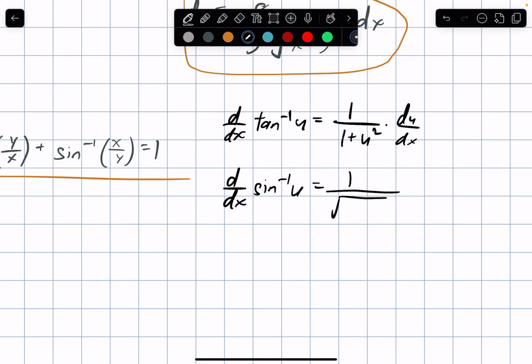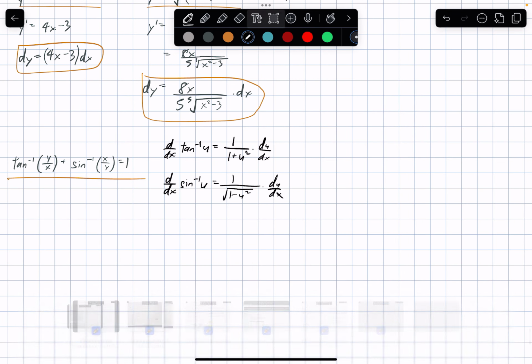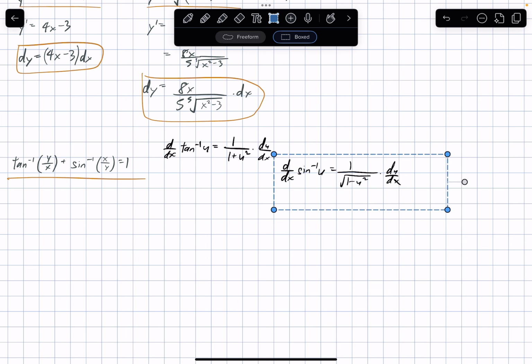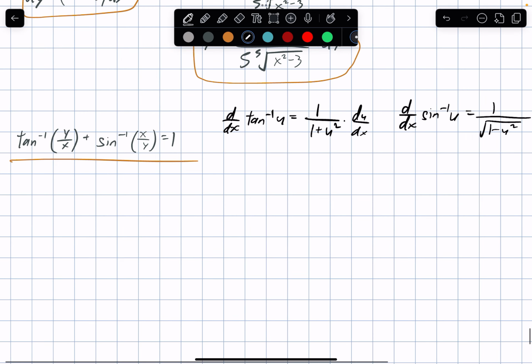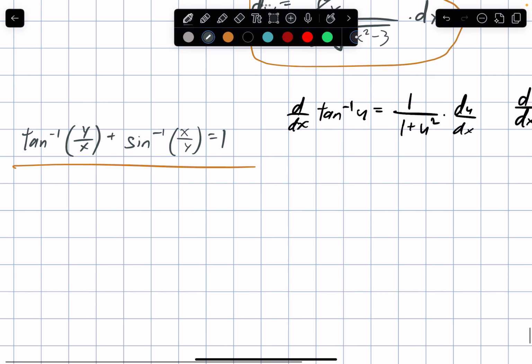That is equal to this. So 1 over 1 plus u squared times derivative of y over x.